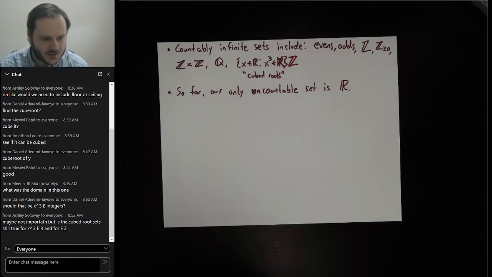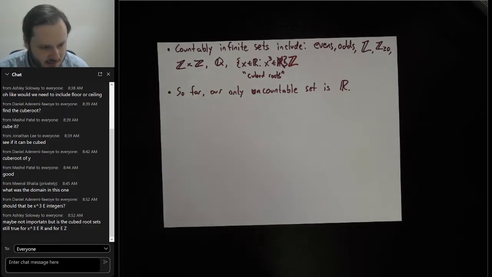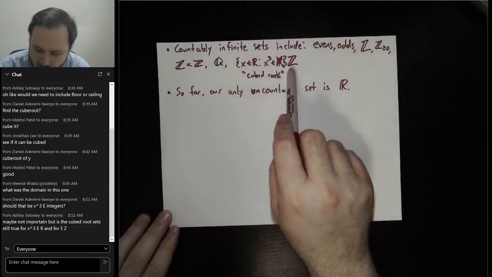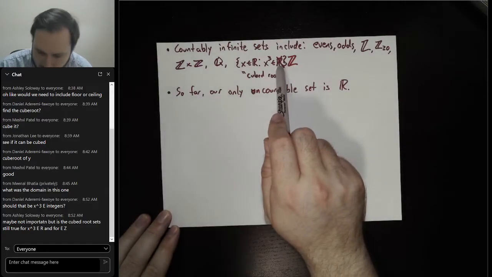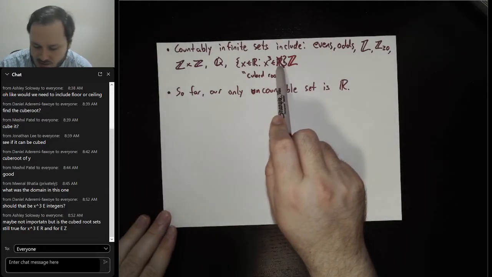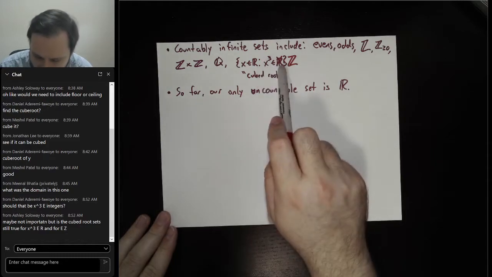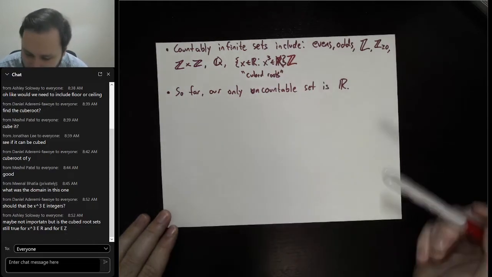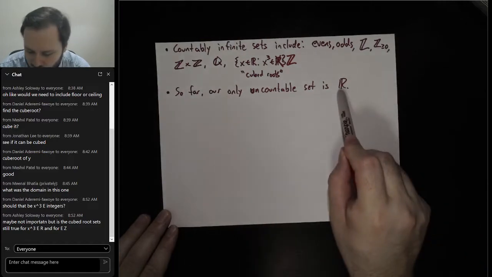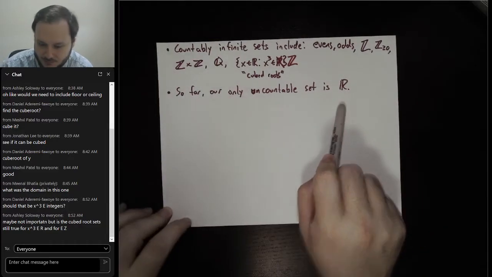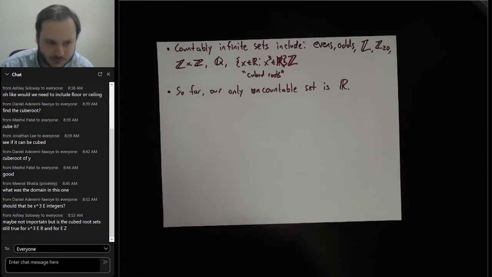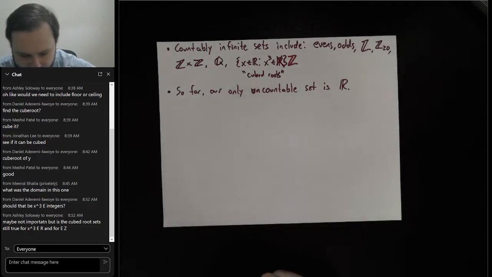It would not be true with the real numbers here, because the set of real numbers that when you cube them, you still get a real number is all of the real numbers. And we know that all of the real numbers is uncountable. Sorry about that. Definitely just a typo.